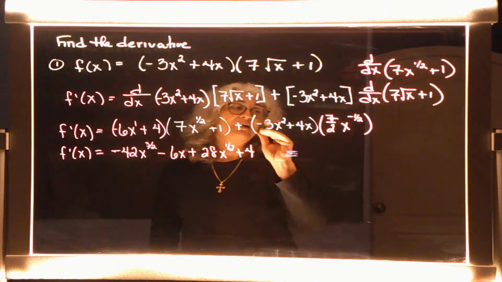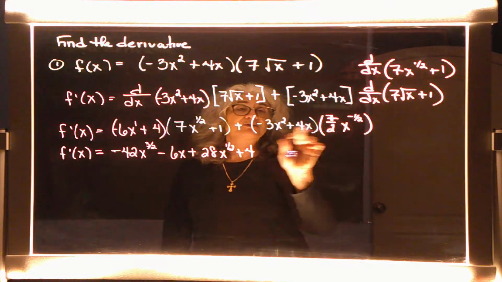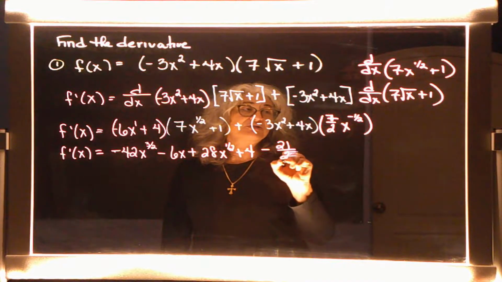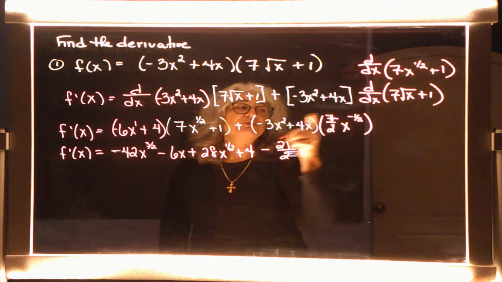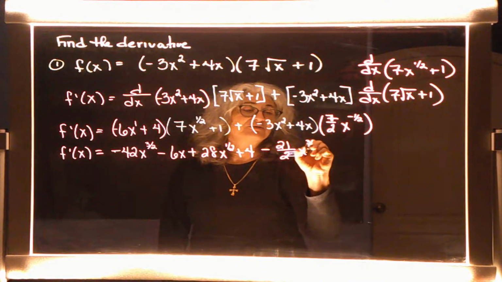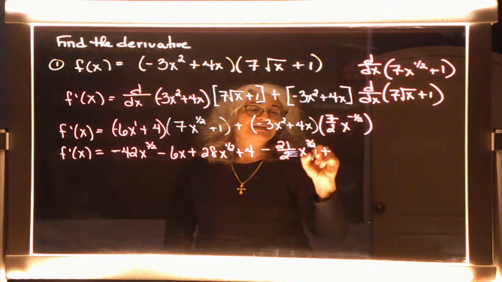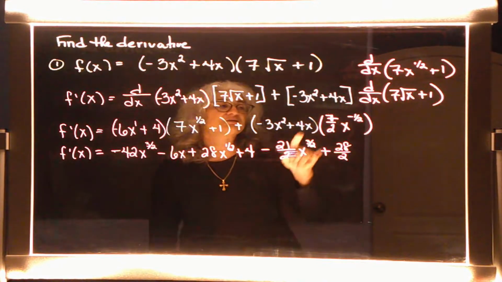Okay, let's see what happens on this second part. So this looks like negative 21 over 2 x to the 2 plus a negative 1/2, right? Yeah, that's a 3 over 2 plus, yeah, that's going to be 28 over 2. I know it reduces, hang in there.